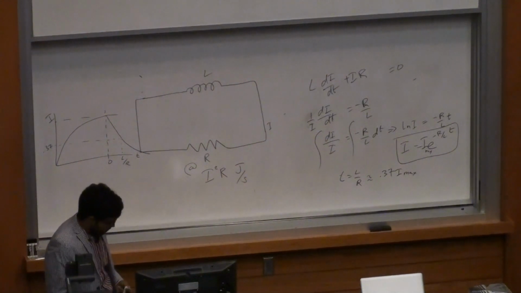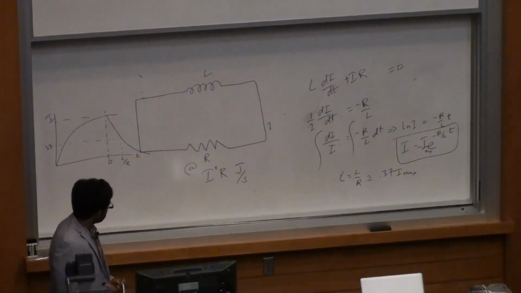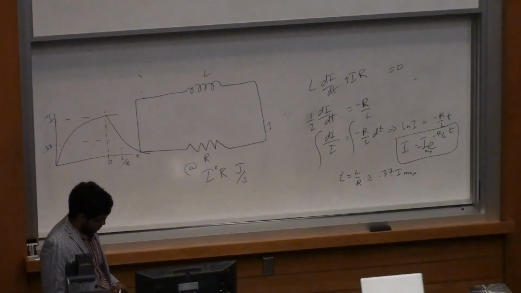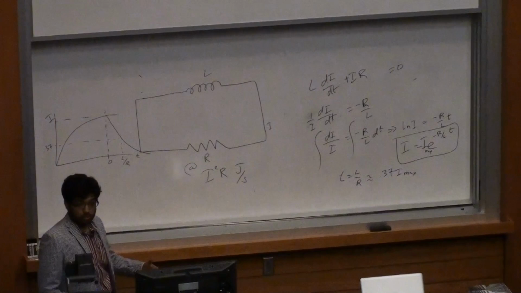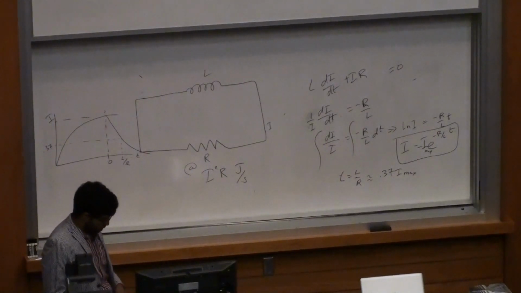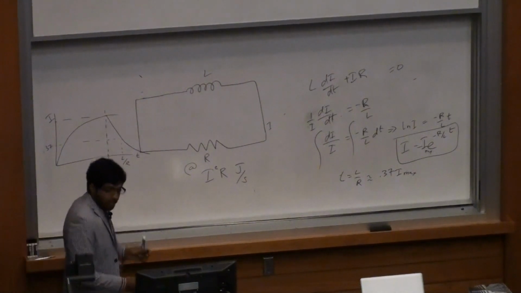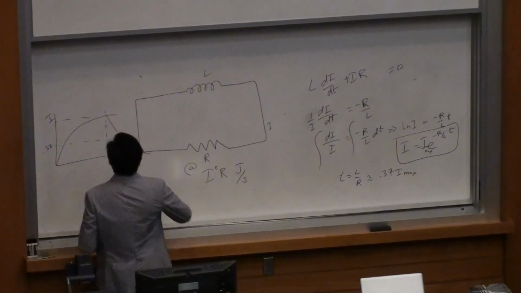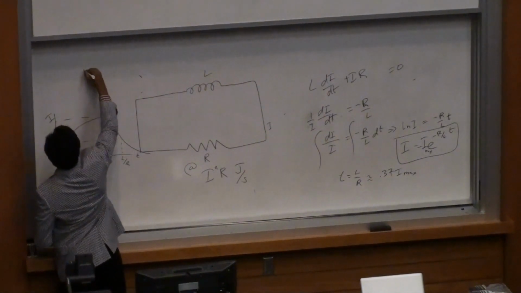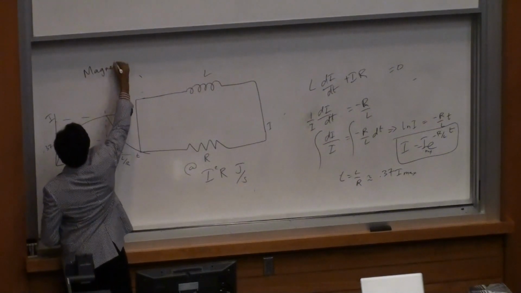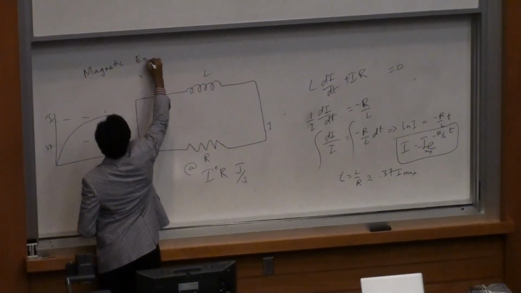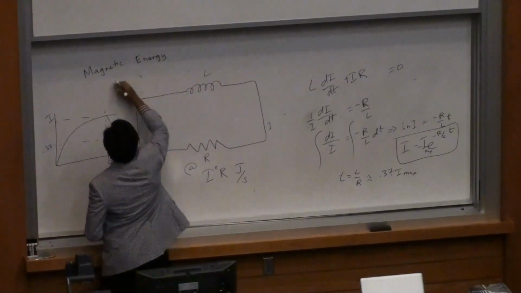And the idea that energy comes out in the form of heat, which was earlier in the form of a magnetic field, allows us to evaluate what we call the magnetic energy field density. Handful to say. Magnetic energy field density.